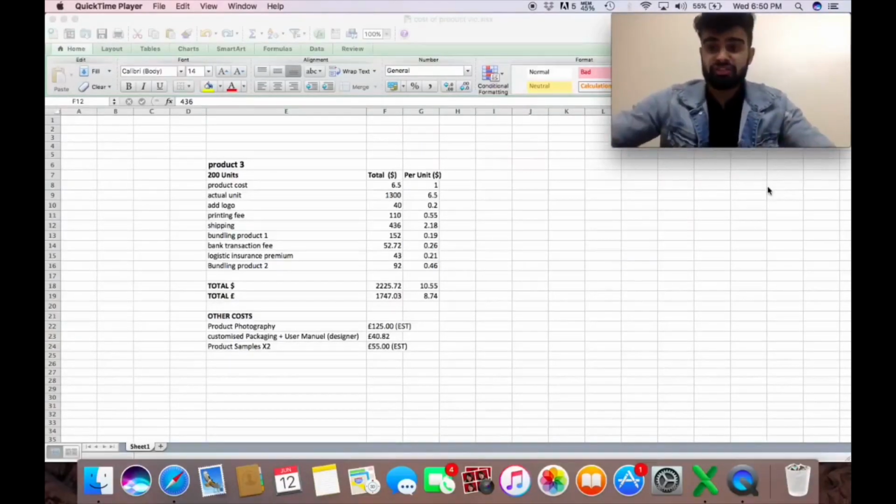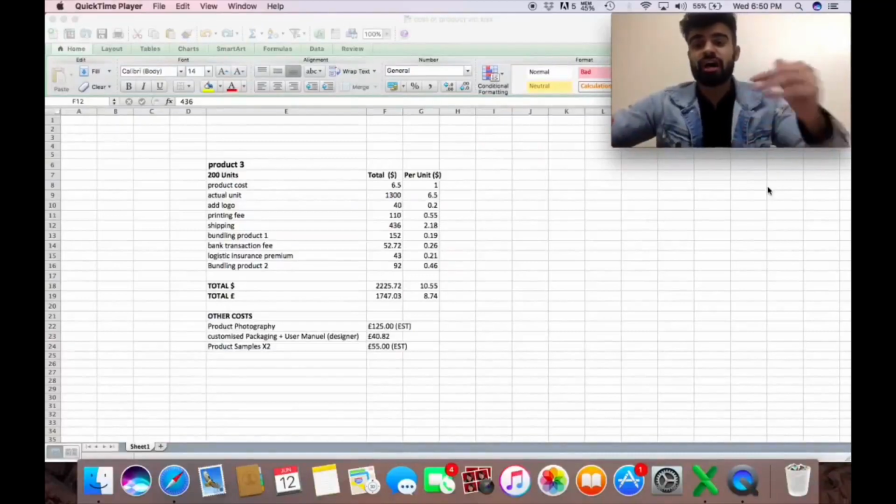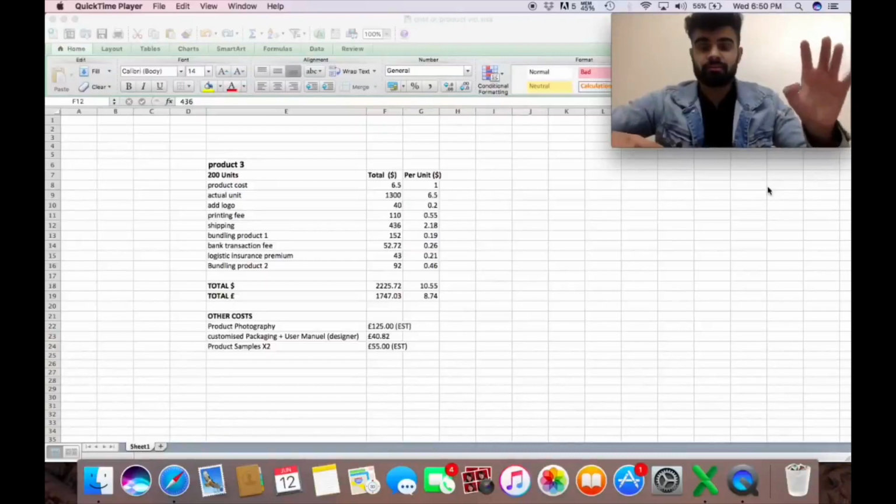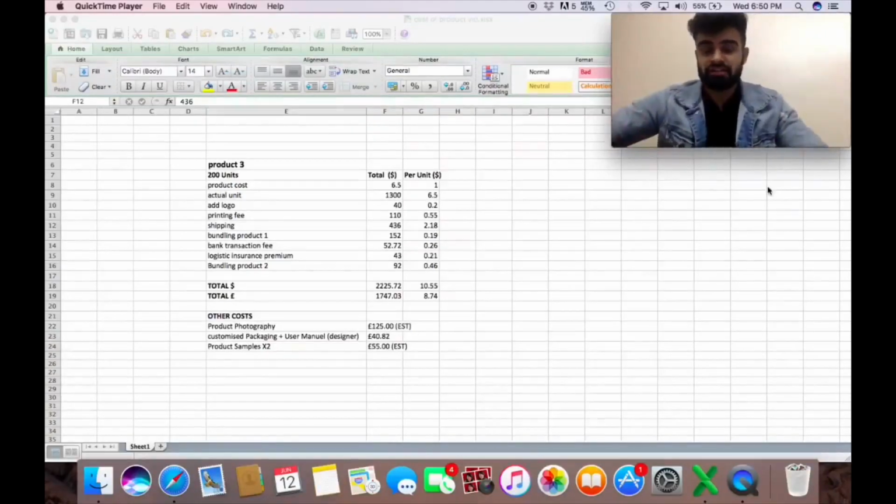The reason why I wanted to change it was because the packaging they had was very basic and simple, and it didn't really shout high quality, which is not what I wanted. I wanted to make the product more premium so I can charge a higher price and overall make the product value for money. So the supplier was charging me $110 to use my design instead of theirs, which would consist of the user manual guide and the packaging of the box.